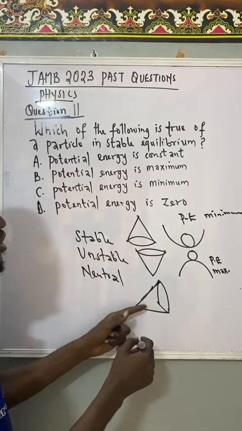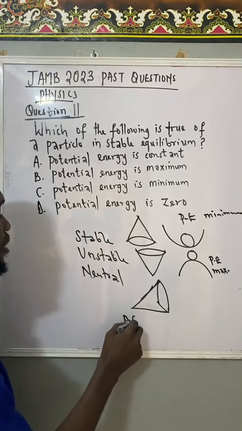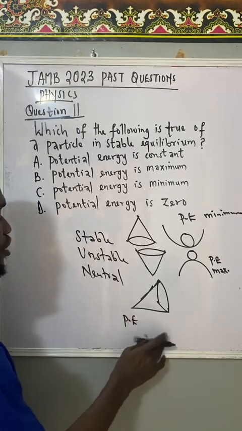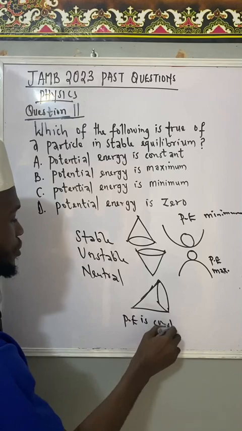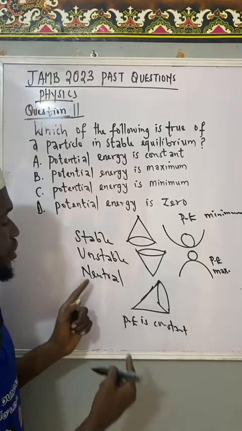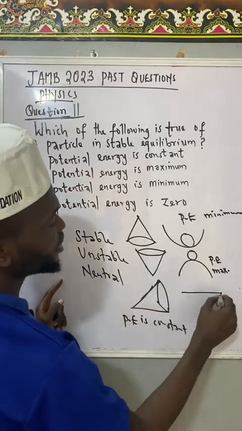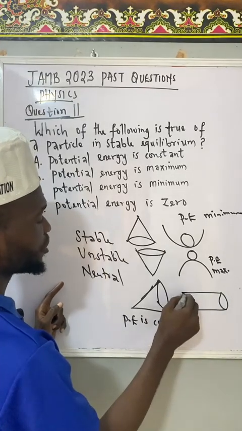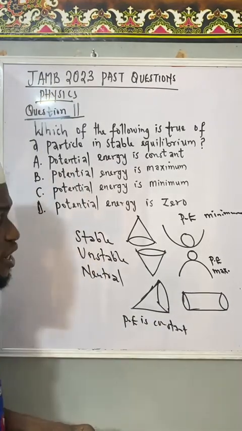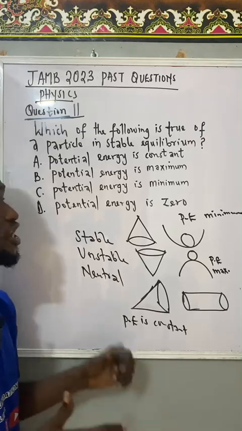So in this case, the potential energy is always constant. Another place where we can have neutral equilibrium is if a cylinder is placed on its side like this, we are going to have neutral equilibrium.